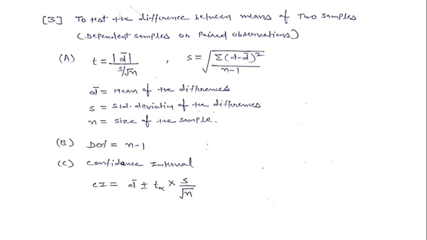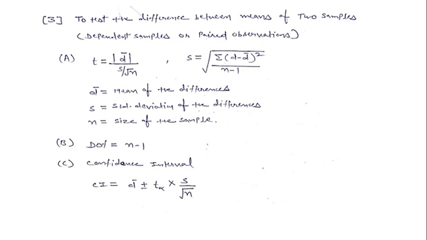D is the difference between the paired observations, d bar is the mean of the differences, s is the standard deviation of the differences, and n is the size of the sample. The degree of freedom is n minus 1, and the confidence interval is d bar plus minus t alpha into s upon under root n.